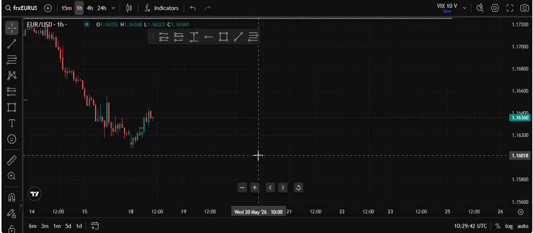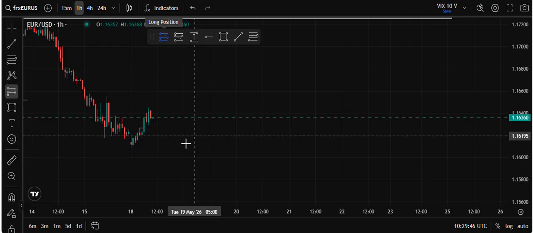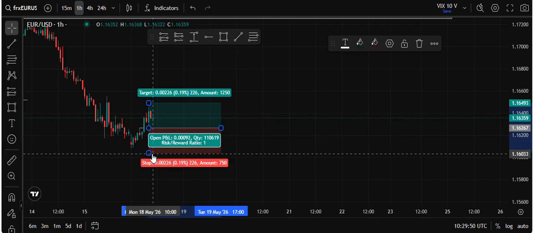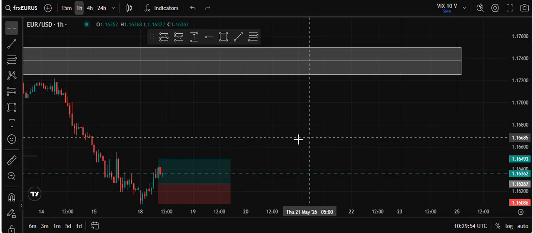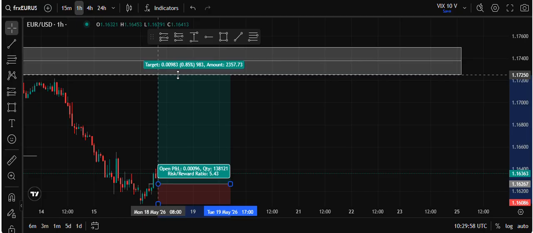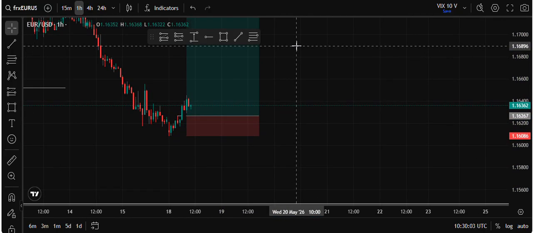So, if you want to put a buy as a long, you put your buy here. Your SL should be below here, and then your TP should be up to this level. That's what I think.